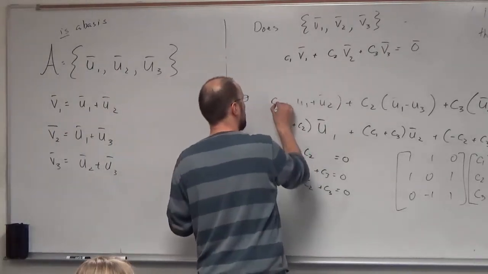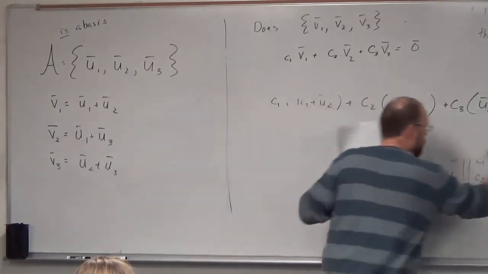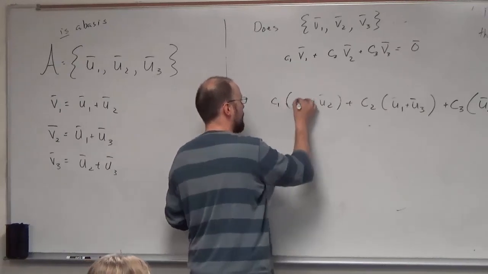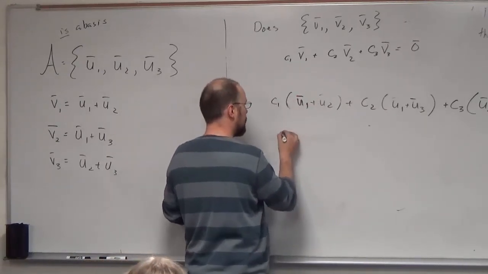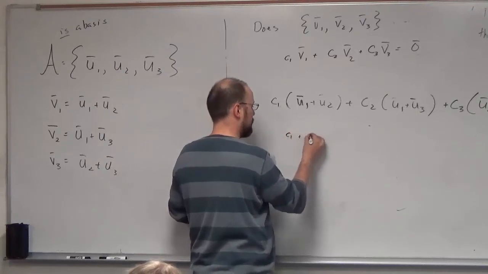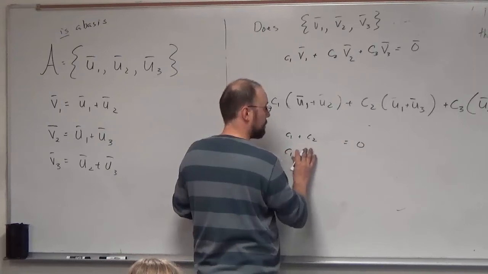We can do that really quickly. This will be C1 plus C2 is 0, C1.